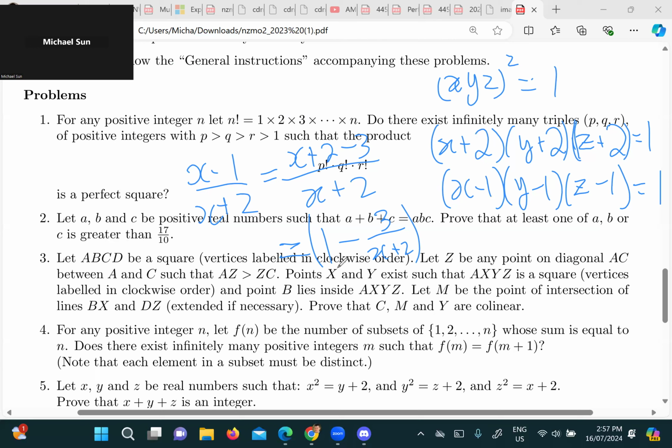Because if they're less than -2, then when they're multiplied together it's more than 4, and the answer should not be more than 4, it should equal 1. So that means the only solutions are the ones where one of the divisions doesn't hold. So either one of them equals 2, or one of them equals 1, or one of them equals -1. And I think those are pretty easy to deal with.